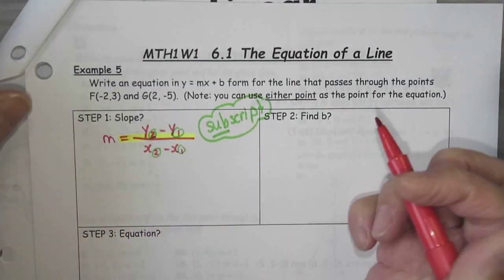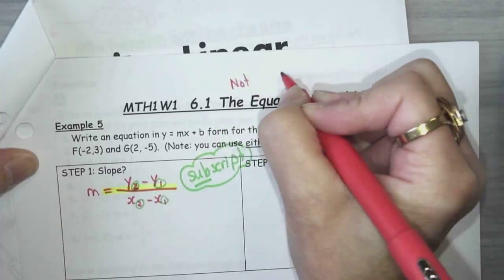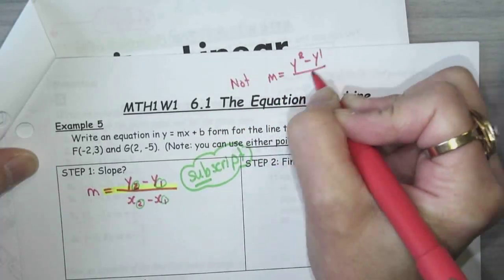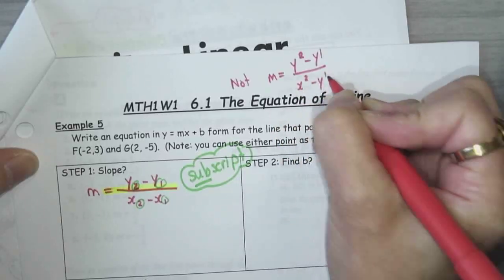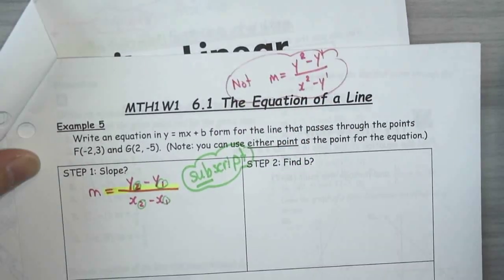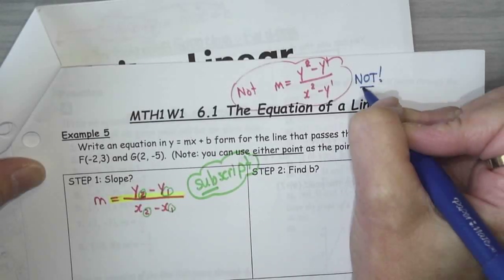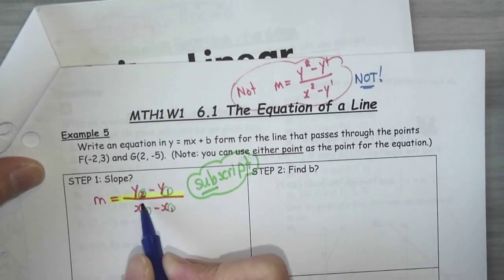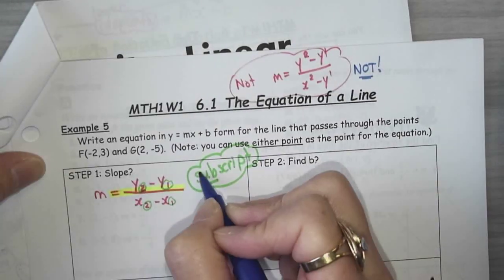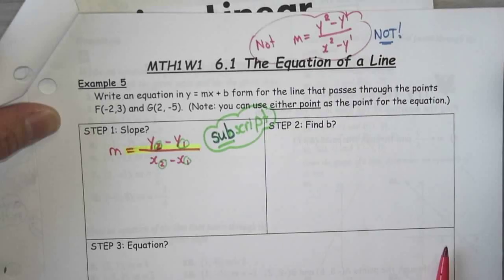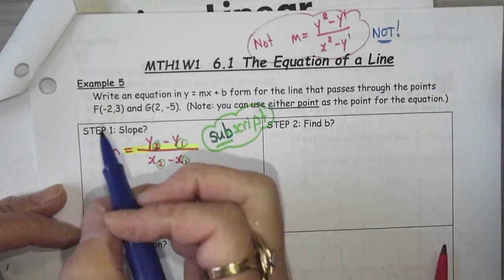So not m equals y2. No, that is not right. Absolutely not this. It's not exponents. They're subscripts, so below. They're numbering it.